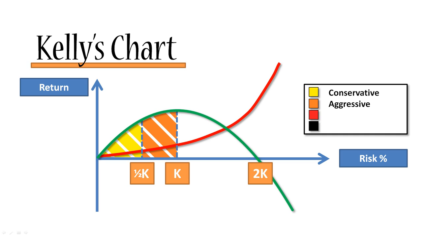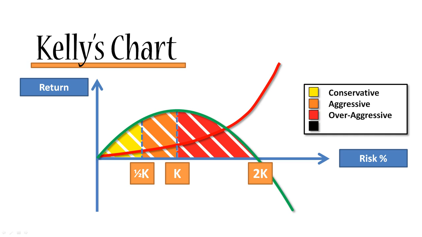Next, and this is where the interesting part comes in, you've got the over-aggressive section. This segment of the chart, the red segment, is called the over-aggressive segment because even though you still are making profit in the long run, your volatility is increased drastically compared to the orange and yellow sections.